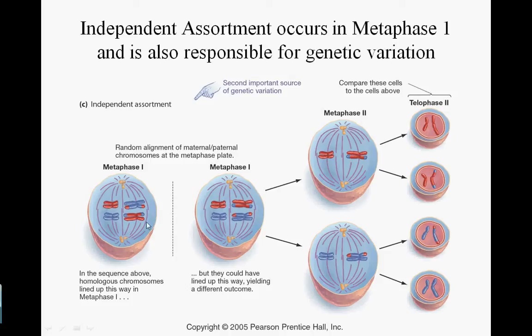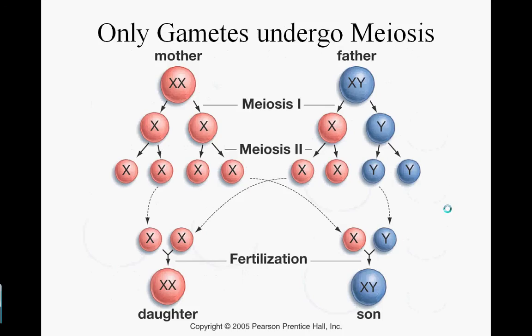The reds are on opposite sides, the blues are on opposite sides, and over here you have the reds on one side, blues on the other. Depending on how they line up, it will determine what our 4 daughter haploid cells will look like. And that is just a matter of genetic variation. That's called independent assortment, and it occurs in metaphase 1.